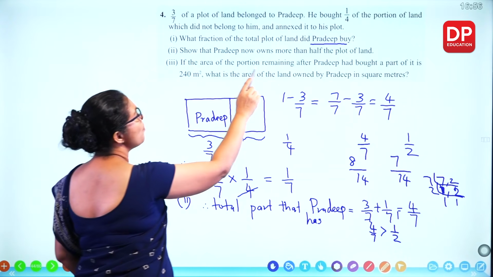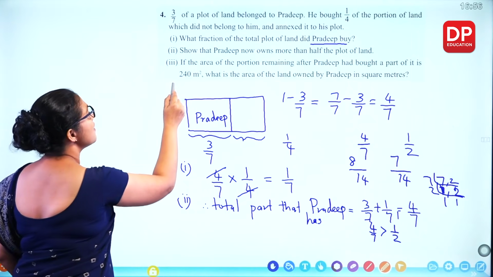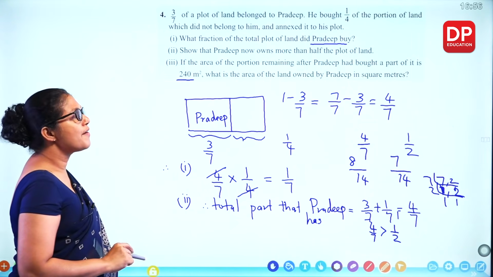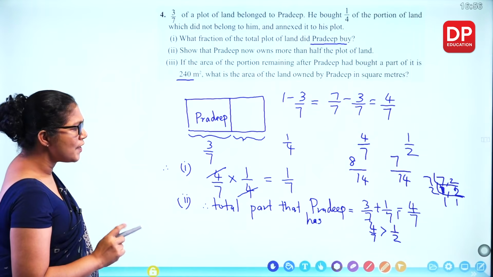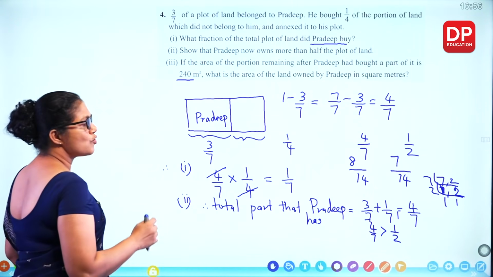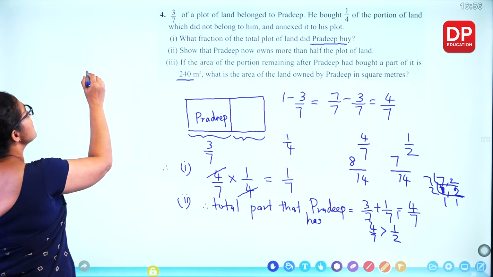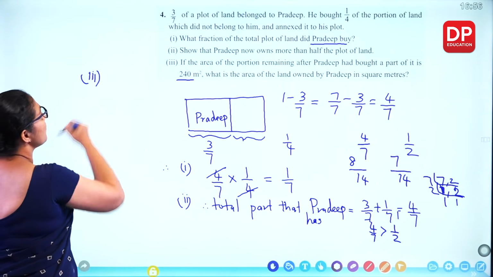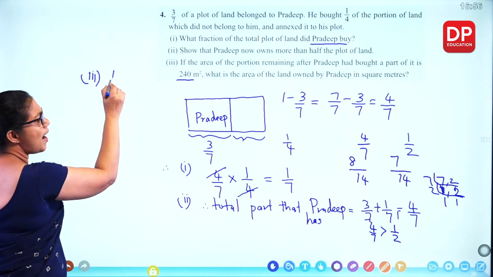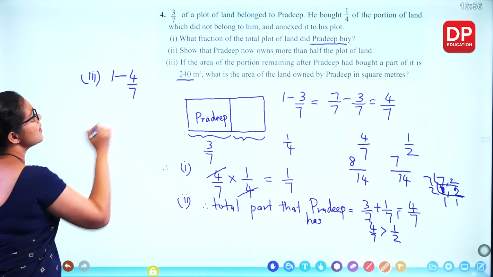And here it says if the area of the portion remaining after Pradeep had bought, so what's the remaining part? 240. So first step is to find out the remaining part. So Pradeep bought 4/7 parts. So what's the remaining part? You have to take 1 minus 4 over 7.